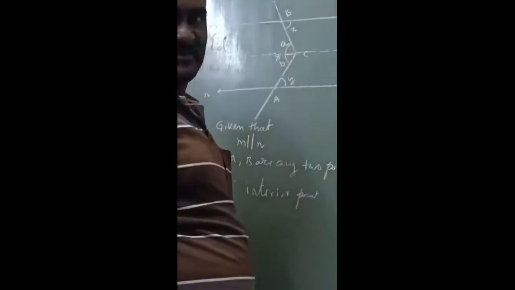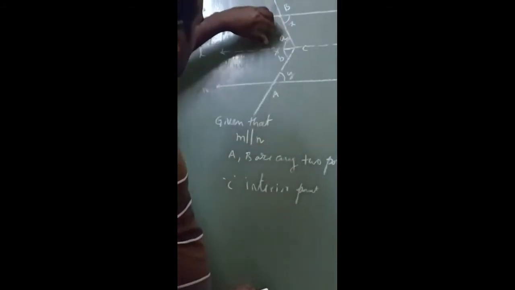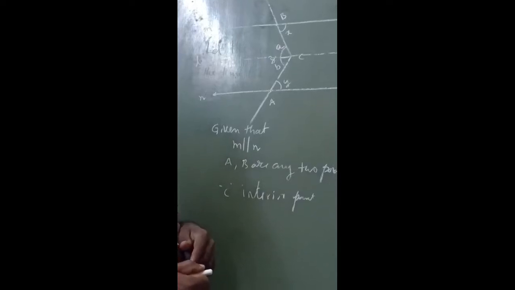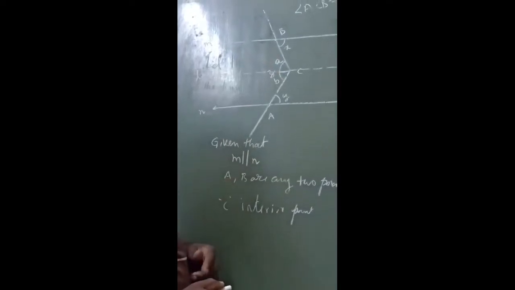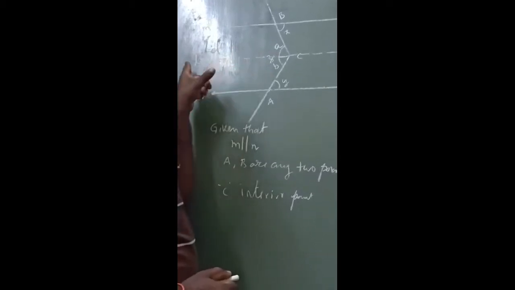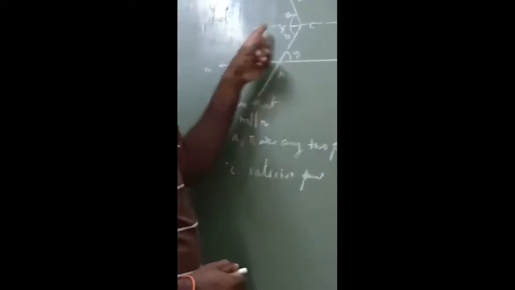This total angle is equal to Z. This part is equal to A, this part is equal to B. So L is parallel to M and L is parallel to N. This line L is parallel to M and N through C.